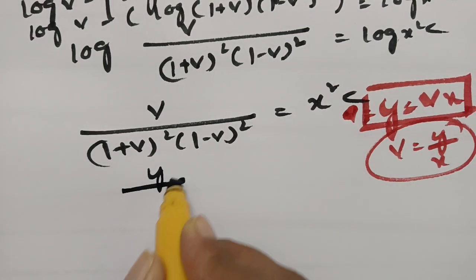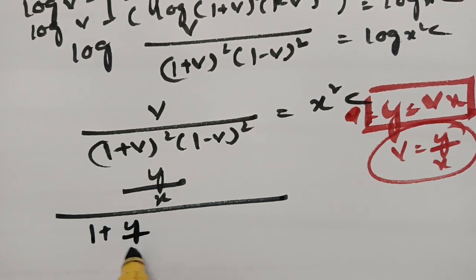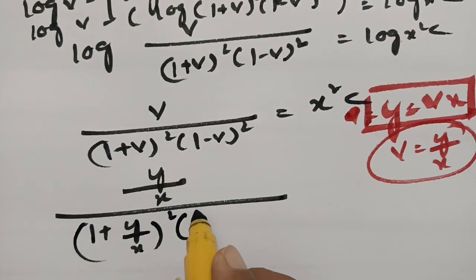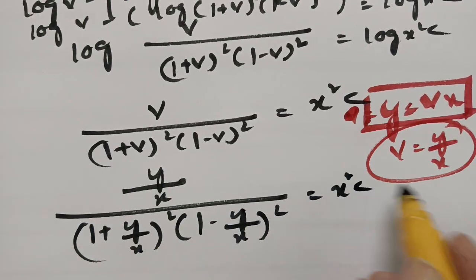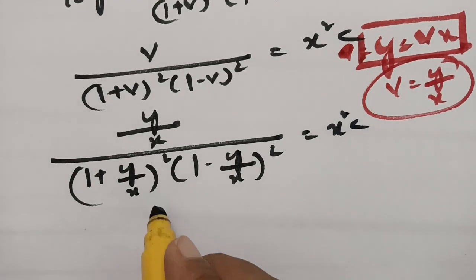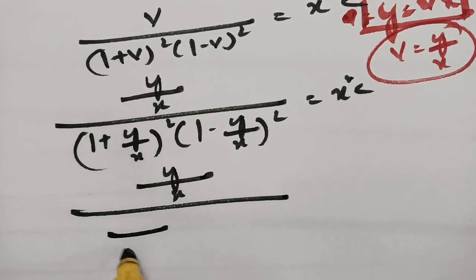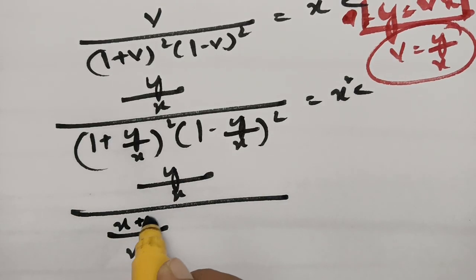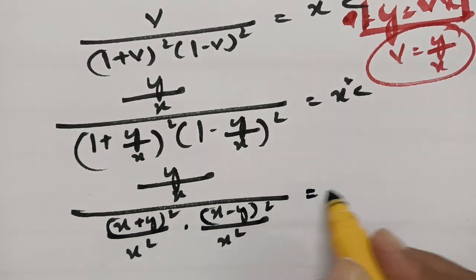So this will be y by x, and this is 1 plus (y by x) whole square, and this is 1 minus (y by x) whole square, which is equal to x square c. Clear? So this is y by x, and see this value, this is x square, this is (x plus y) whole square, and here down this is x square, this is (x minus y) whole square, which is equal to x square c.